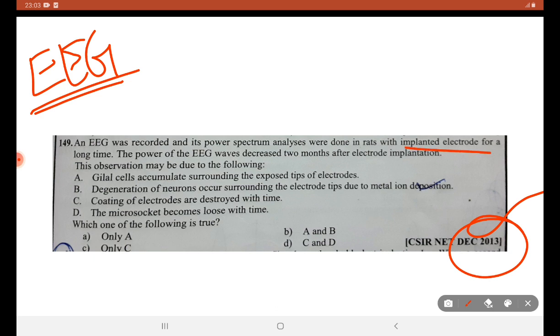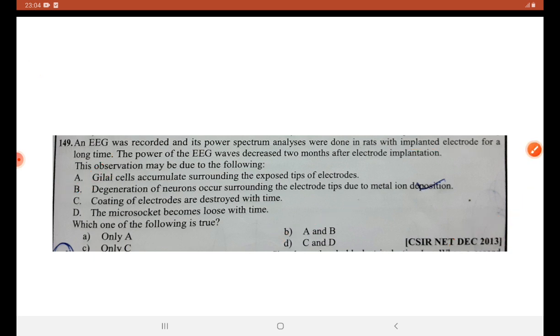For a longer time, power of electroencephalogram waves decreased 2 months after the electrode implantation. This observation may be due to the following. Glial cells accumulate surrounding the exposed tips of the electrode. Okay. Degeneration of neurons occurs surrounding the electrode tips due to metal ion deposition. B is the correct answer. Okay.